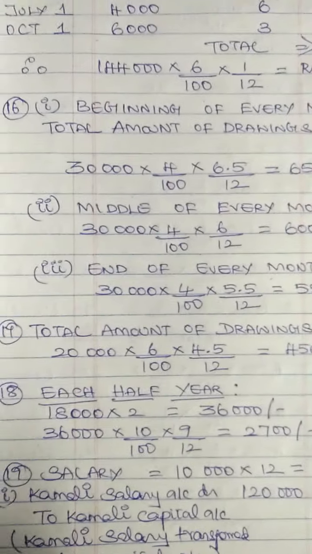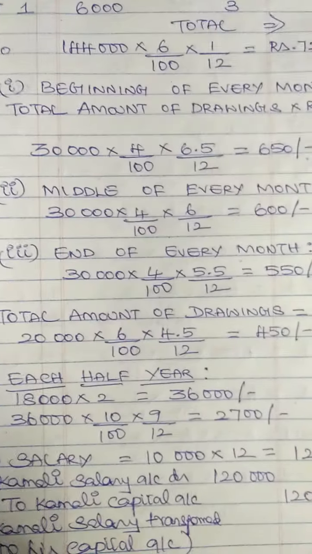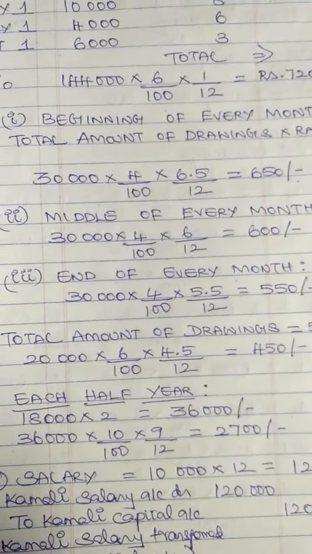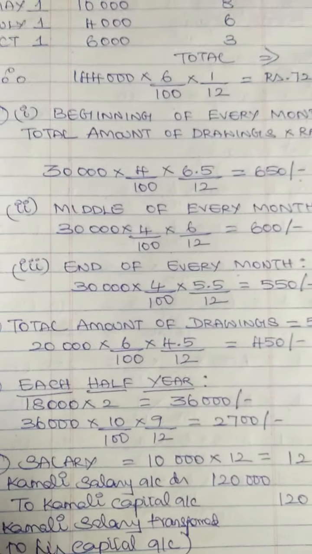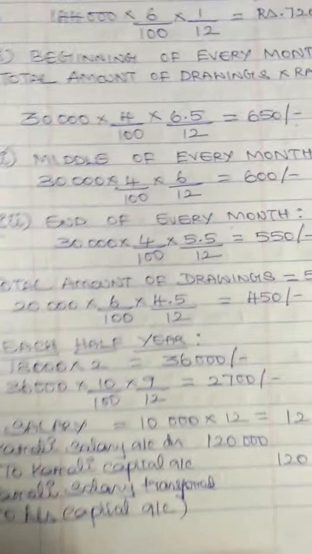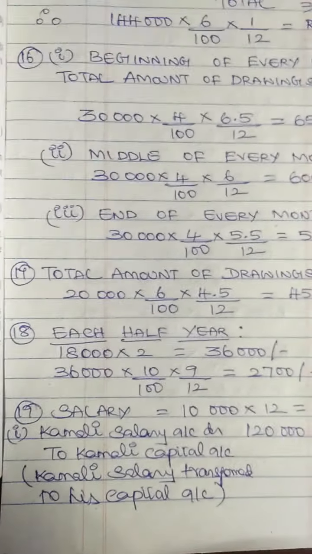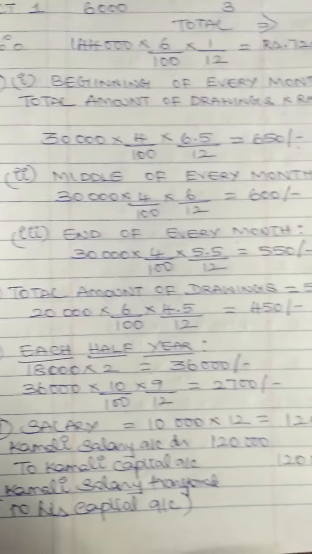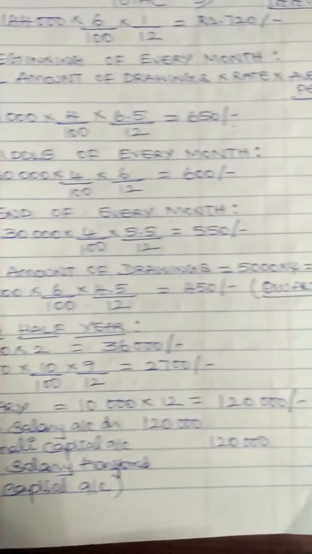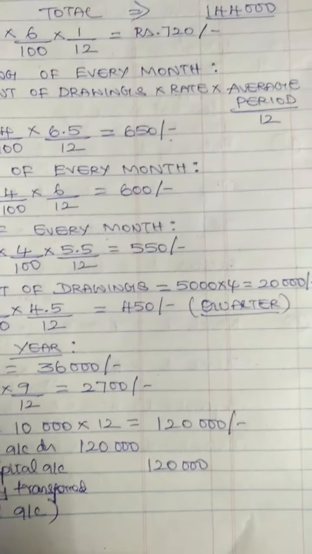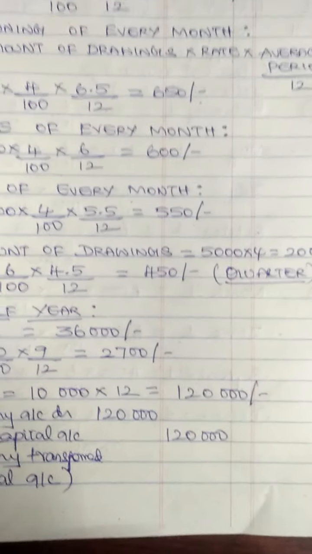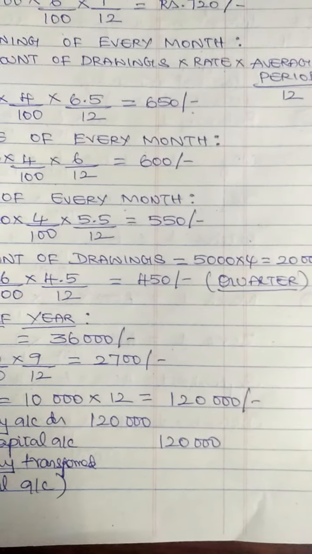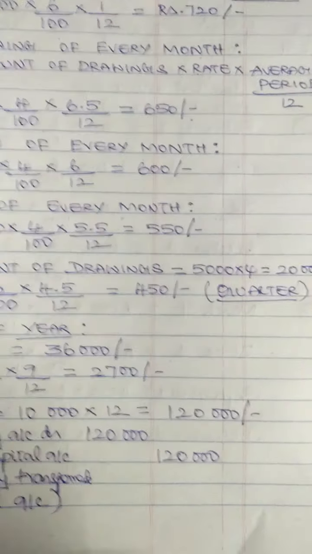So, are you all understood sum number 16? Beginning, middle, end: 6.5, 6, 5.5. Now next we are going slowly to the 17th sum. In the 17th sum, the total amount of drawings is not given. So calculate the interest on drawings based on quarter. 1 year is equal to 4 quarters.